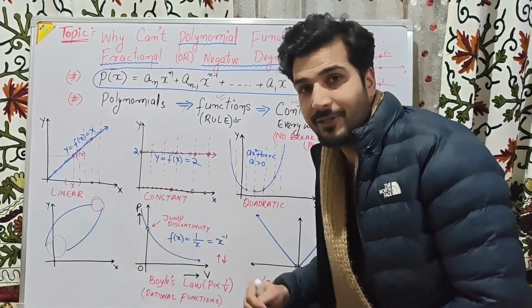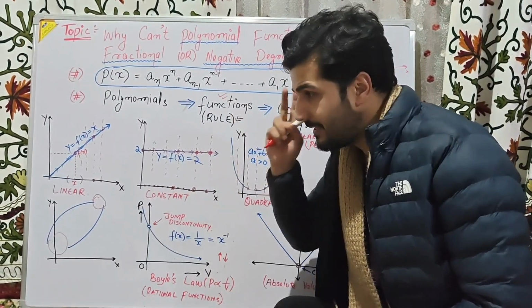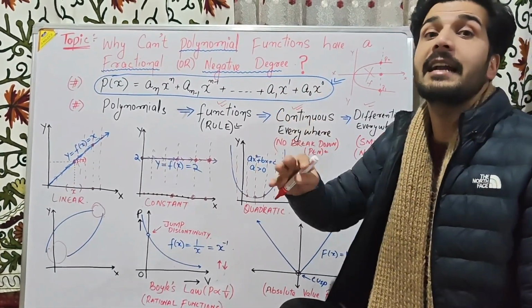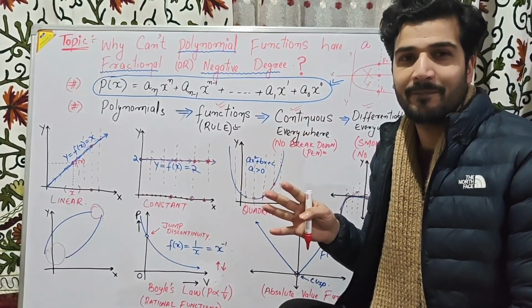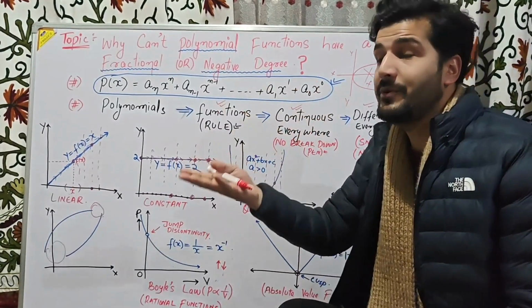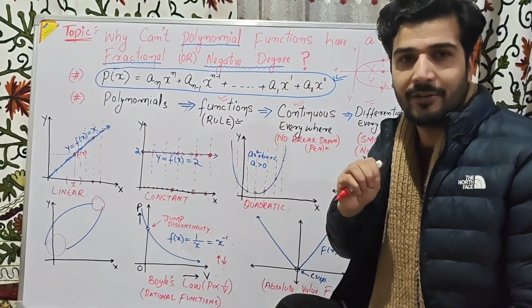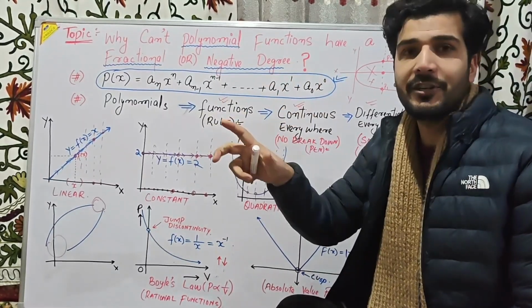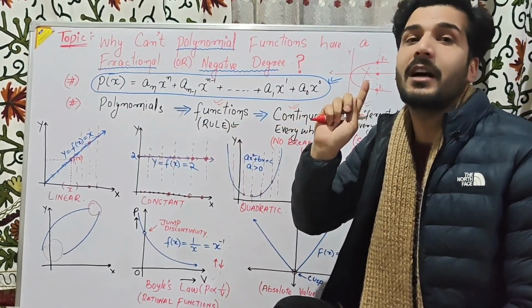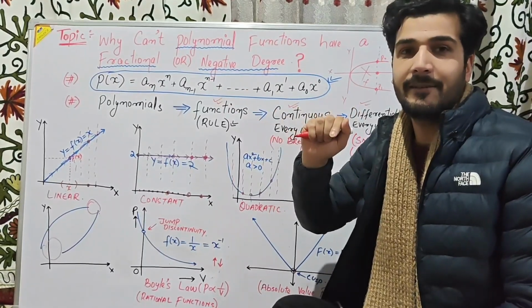And second, if it is not continuous, how can we call it a differentiable function? So simply keep this in mind: if a function is not continuous, it means that it is not differentiable. But if a function is differentiable, it is necessary that the function must be continuous at that very point, right?